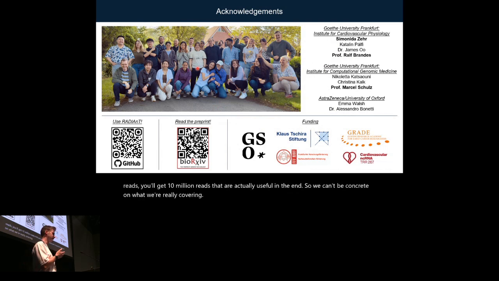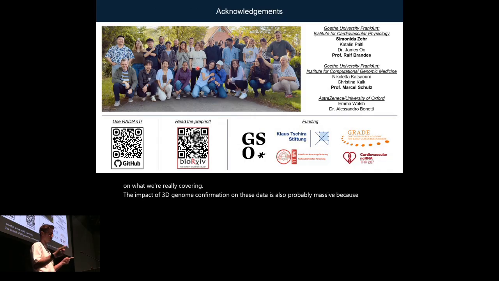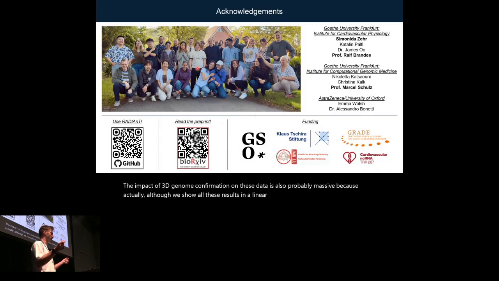The impact of 3D genome conformation on these data is also probably massive, because although we show all these results in a linear fashion, the genome's not linear, right? I think what we're seeing a lot of is that 3D genome conformation partly determines these interactions. The MALAT1 example I showed is probably a great example: it's not MALAT1 diffusing for megabases across the genome and reaching this point. It's the fact the genome is in conformation with one another, and MALAT1 is just taking that little hop across.